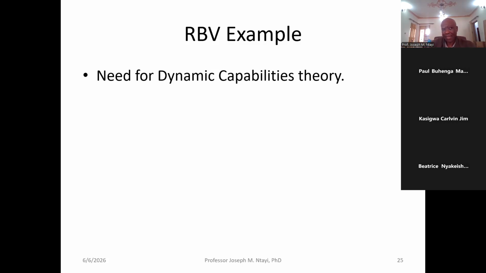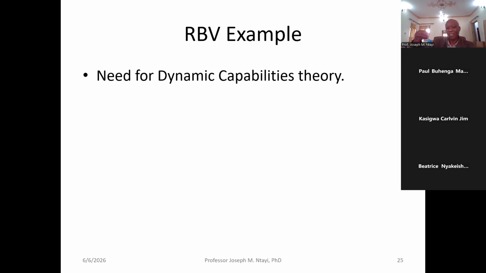But your concern in this case is the dynamism of the environment, and of course, how firms are now reconfiguring these resources to achieve competitive advantage. So you can go ahead and combine these two theories if you feel the need, because resource-based theory needs an extension by adding these elements that bring in dynamism.